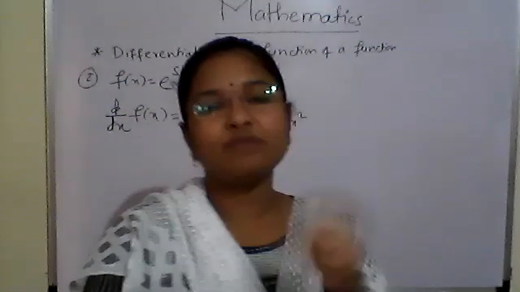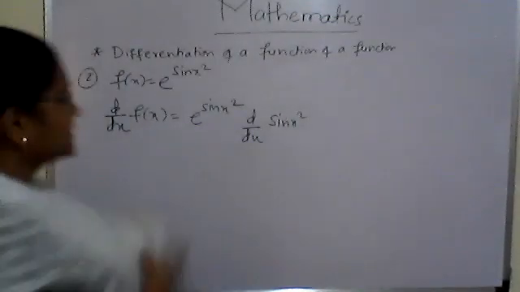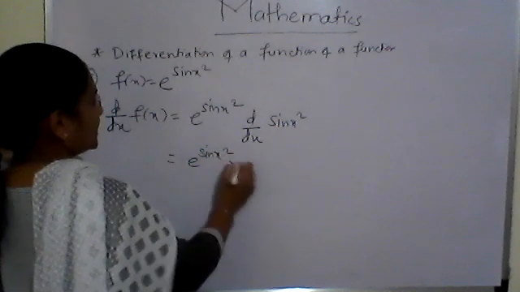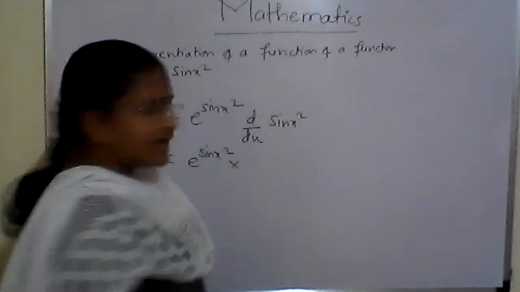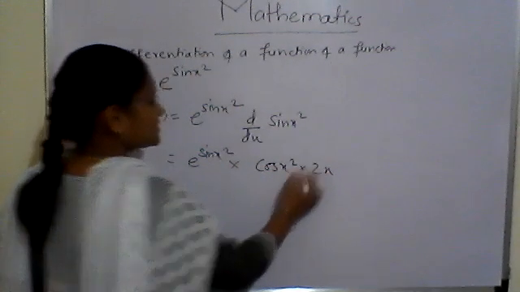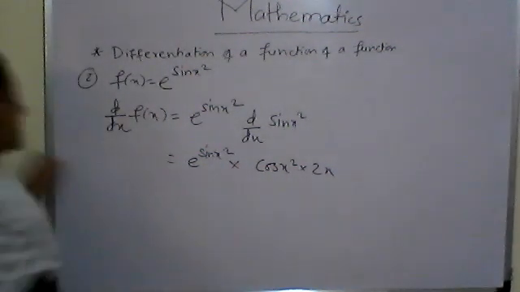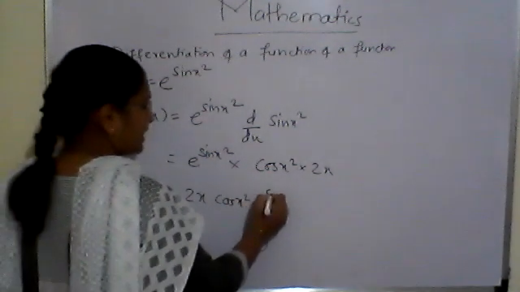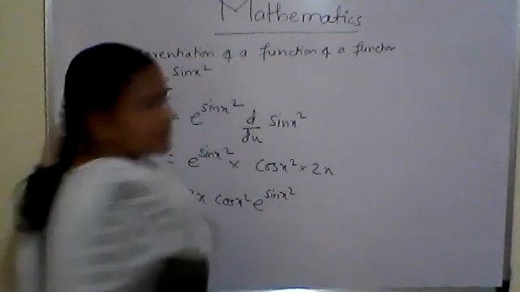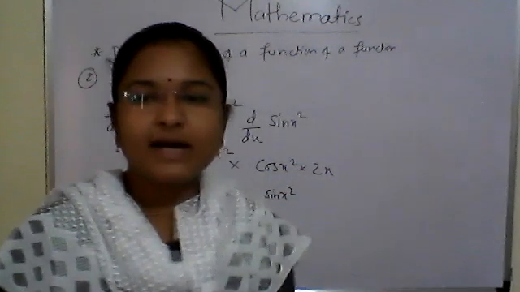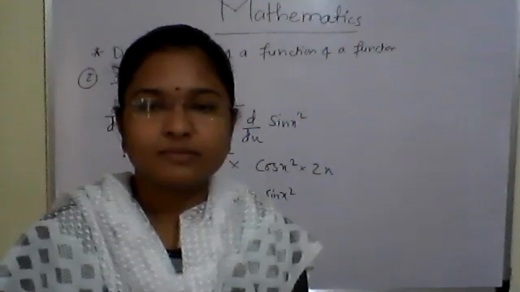So its derivative we have to multiply. Okay. So here e raised to sin x square into the derivative of sin x square, into 2x. Getting? Any doubt in this? No, ma'am. Clear.